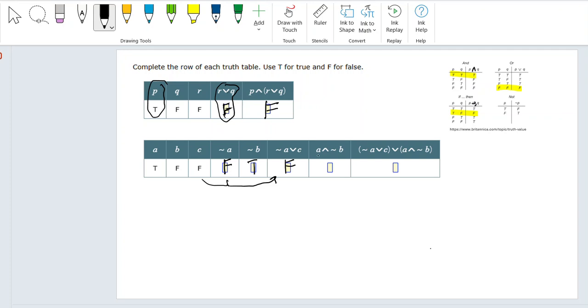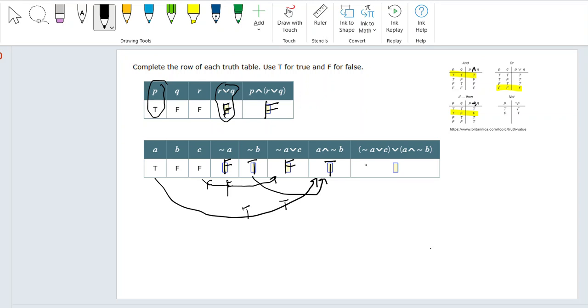Now we have A, just A here, and not B. So we take these two together. Okay, so we have this one was false and false. So we have a true statement, and the other one, which is true and true, is going to be true.